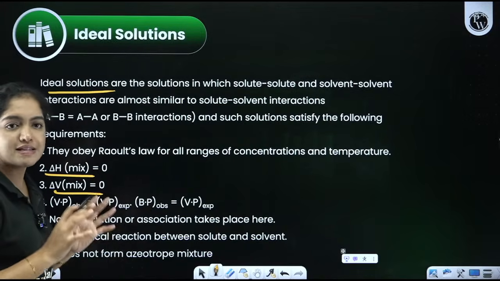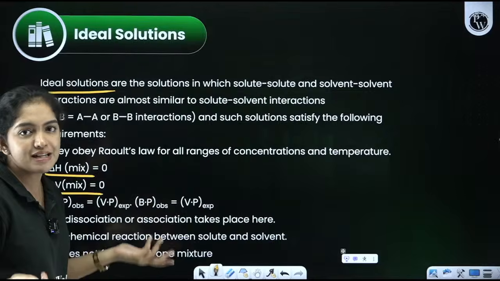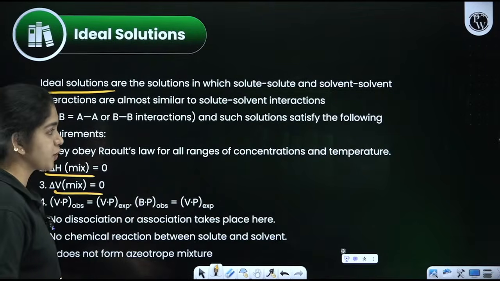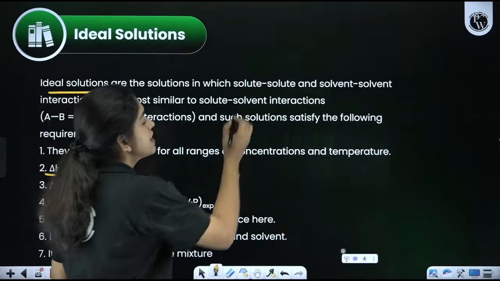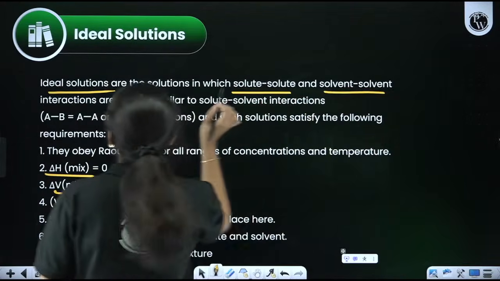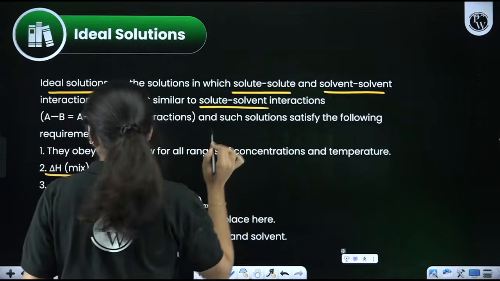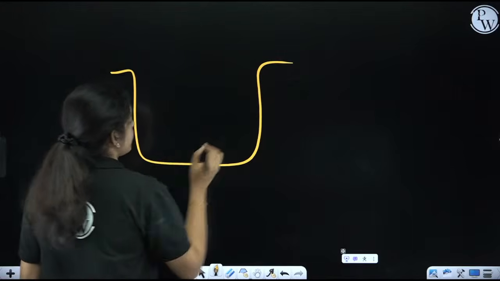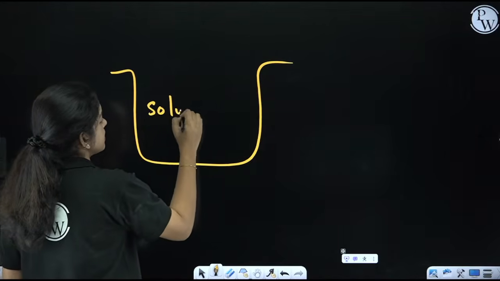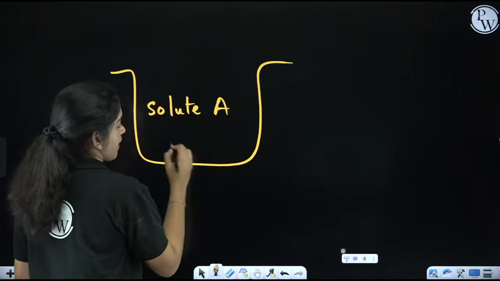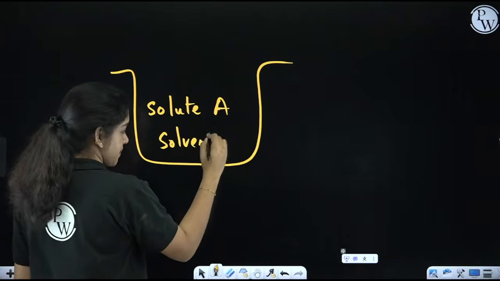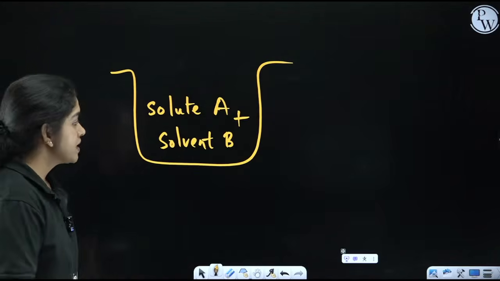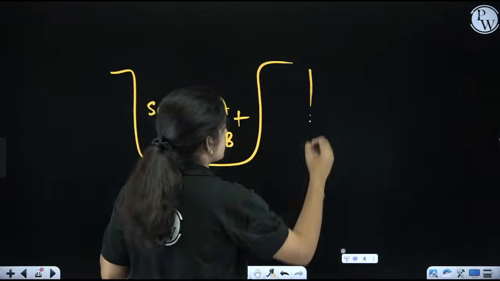Very good, 30, there won't be any change, right? If there is no change, that kind of solution is known as an ideal solution. And in the case of an ideal solution, solute-solute and solvent-solvent interactions are similar to the solute-solvent interaction. For example, we are mixing a solute named A and a solvent named B. There will be a lot of molecules in this beaker.